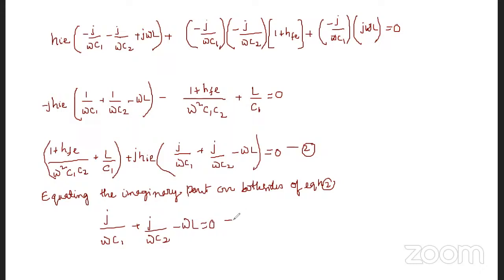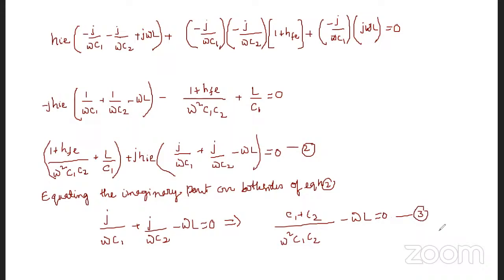So from this, if you take the denominator, it will be omega square C1 C2. Here we'll get C1 plus C2 minus omega L, I'm writing as it is, which will be equal to 0. So this is equation number 3.